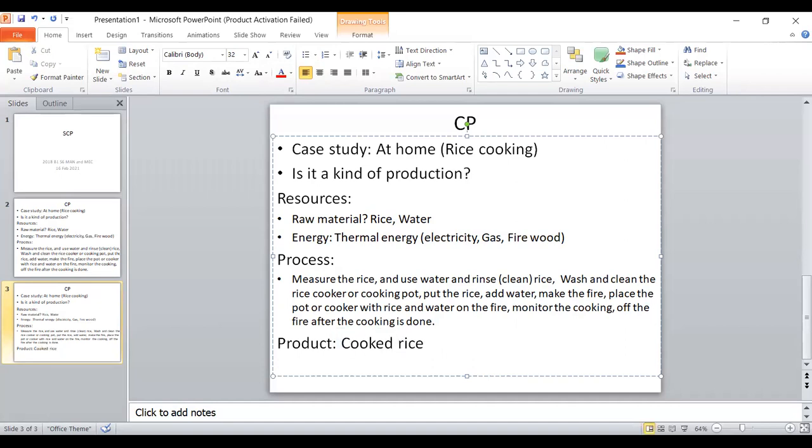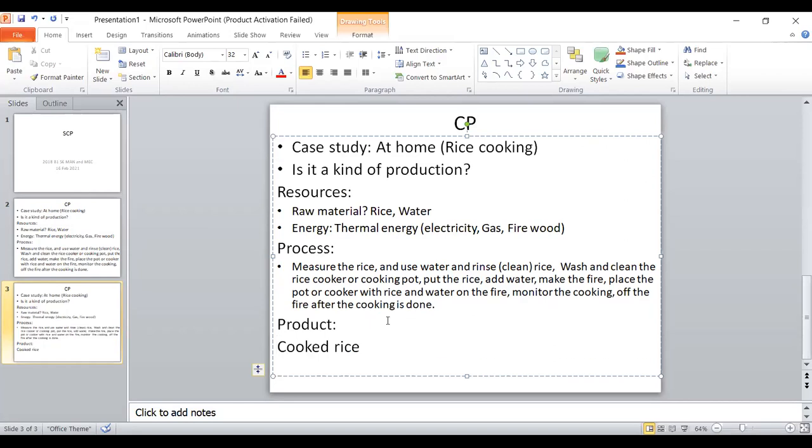This is the product. Any other byproducts? Yes, in earlier times there can be.